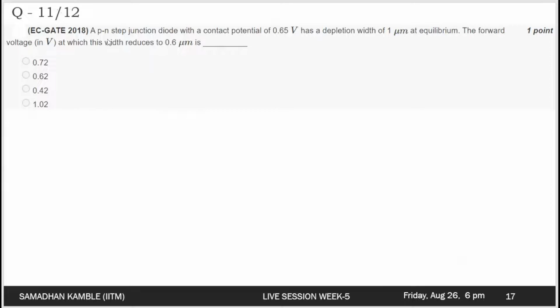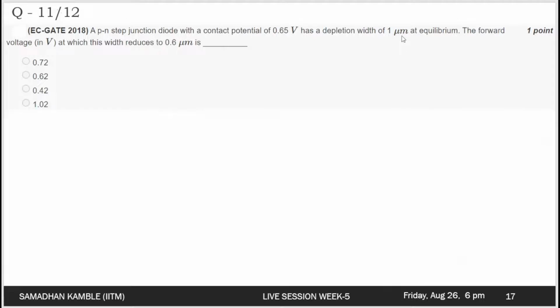A PN step junction diode with a contact potential of 0.65 volt has a depletion width of 1 micron at equilibrium. The forward voltage in volt at which this width reduces to 0.6 micrometer is asked.